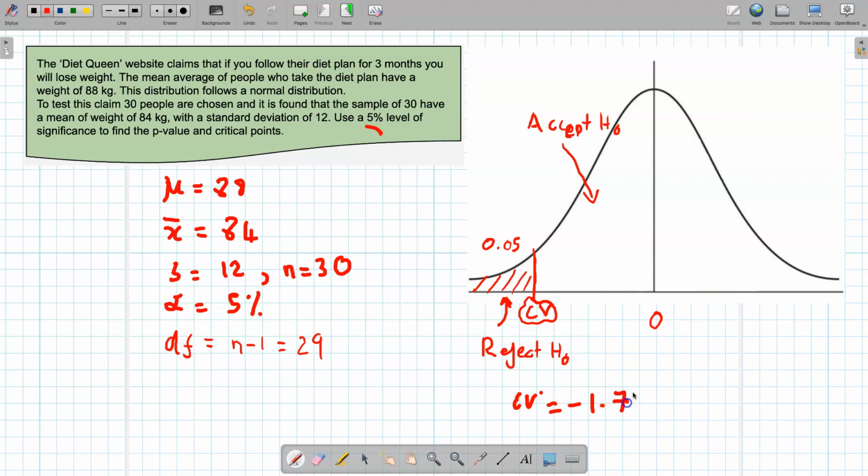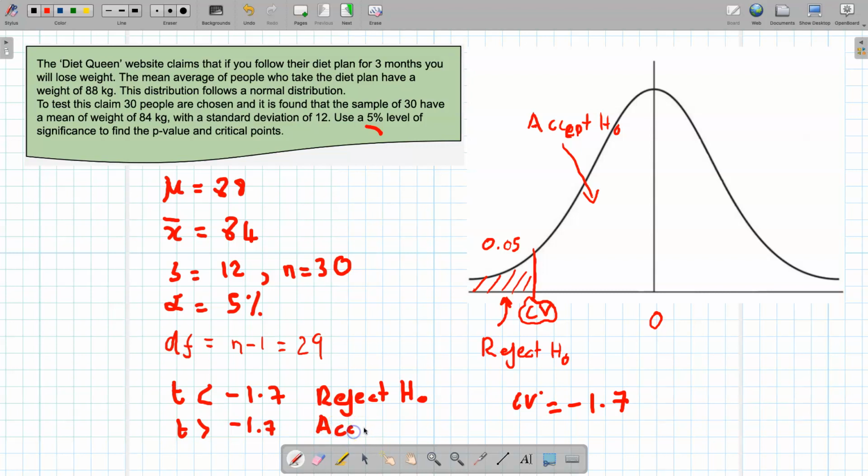Now I'm going to make a decision later on, but basically if T is less than negative 1.7, it falls in the shaded area, we're going to reject H0. If T is greater than negative 1.7, we're going to accept H0.